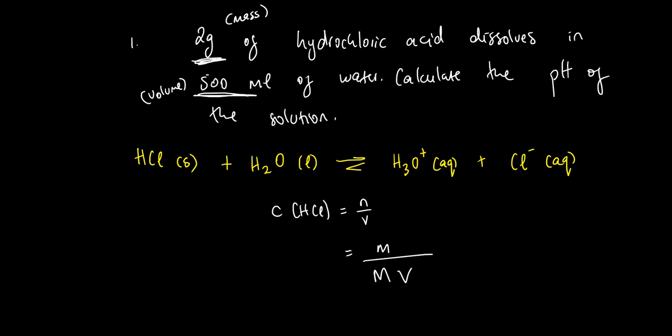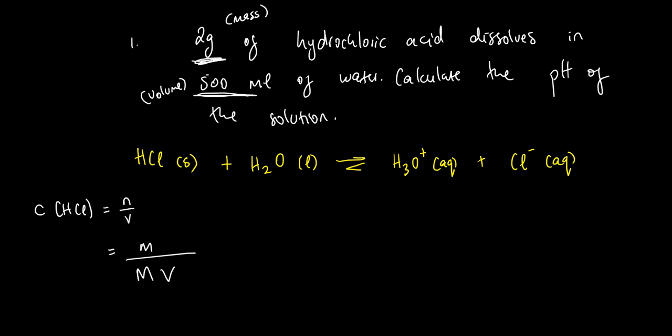Okay, so what is the mass that is given there? So the mass is going to be 2 grams. What is the molar mass? Remember, I think for chlorine the mass is 35.5, right?